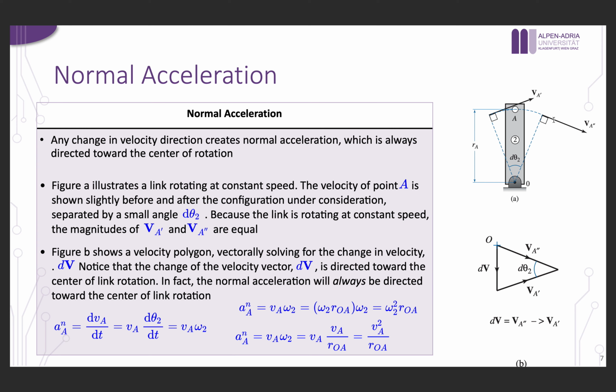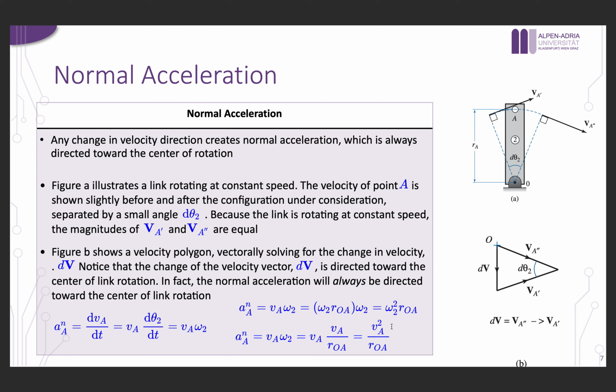To derive the formula of the normal acceleration is a bit more complicated, so I would not discuss it here. You can look it up, but it ends up with mainly two solutions. Either the normal acceleration is equal to the squared angular velocity multiplied by the radius, or it is the squared linear velocity divided by the radius.